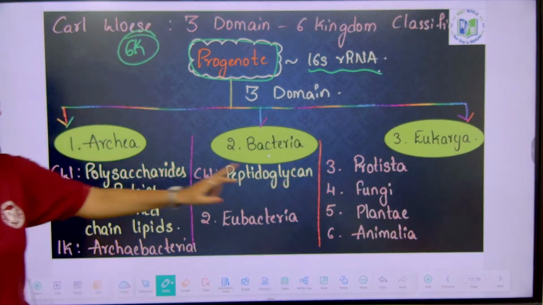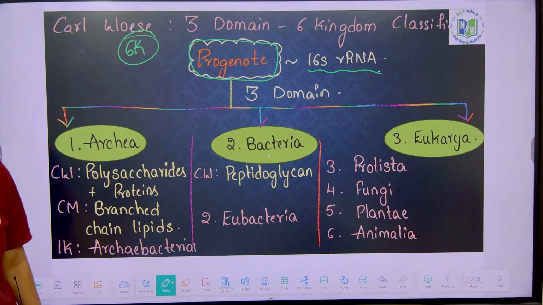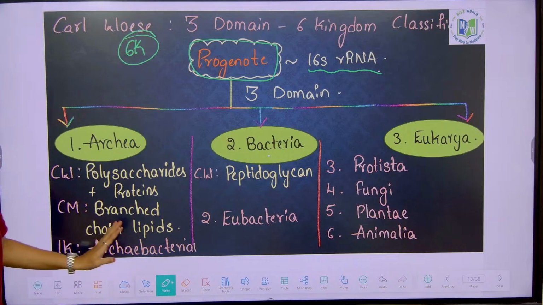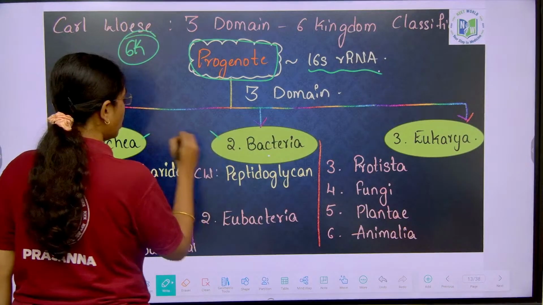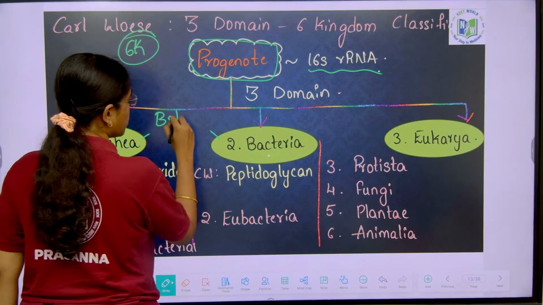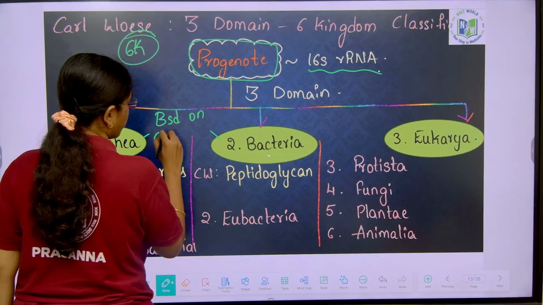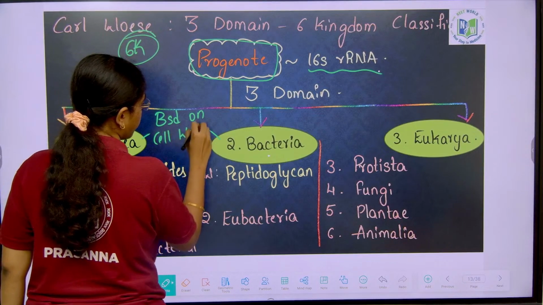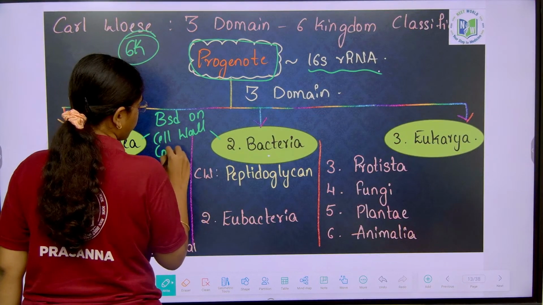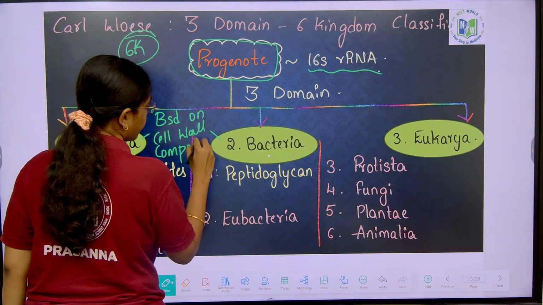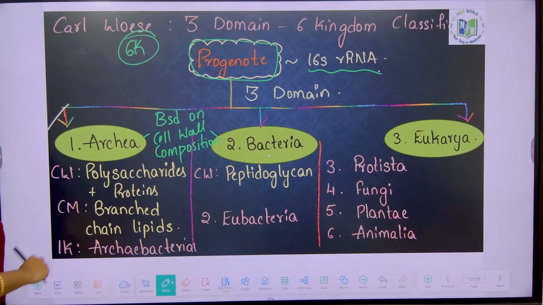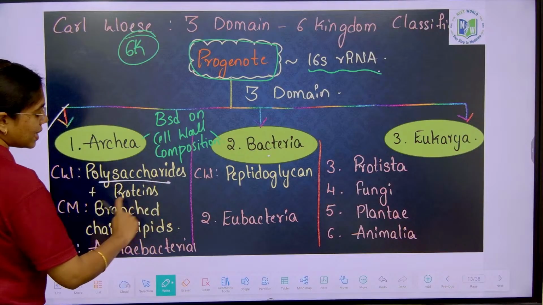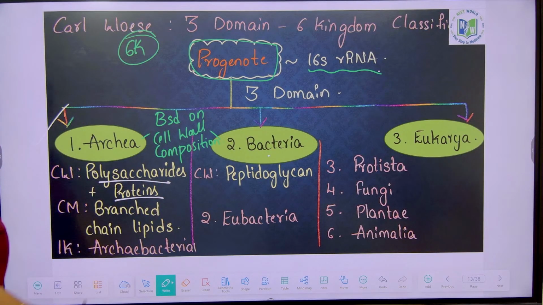You may get a doubt how archaea and bacteria are separated. They are separated based on cell wall composition. In archaea, the cell wall has polysaccharides and proteins, and the cell membrane has branched chain lipids.